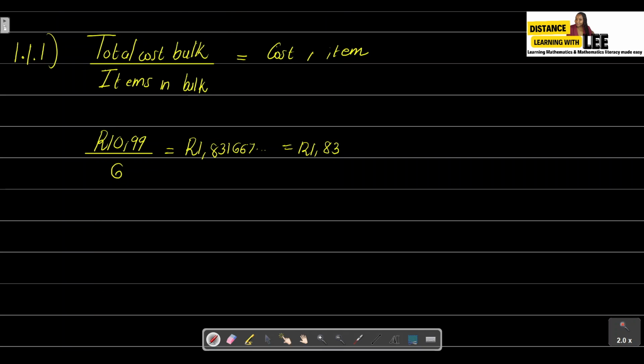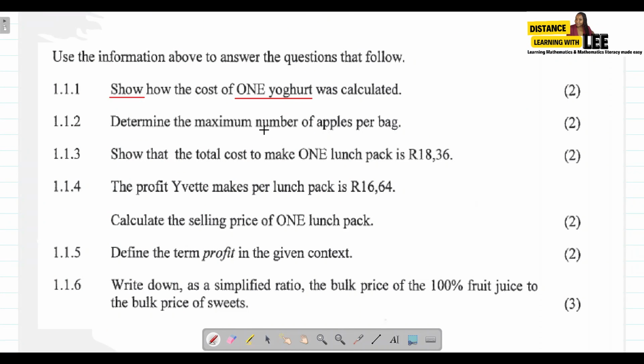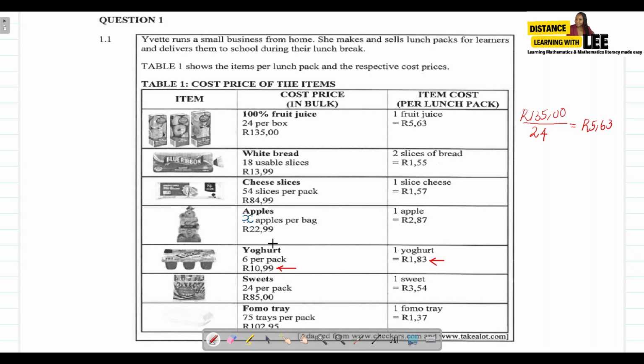All right, next question. Determine the maximum number of apples per bag. Like I mentioned here, we were not told how many apples are in one bag, but we are given the price of those apples in bulk, and we are also given the price of one apple.